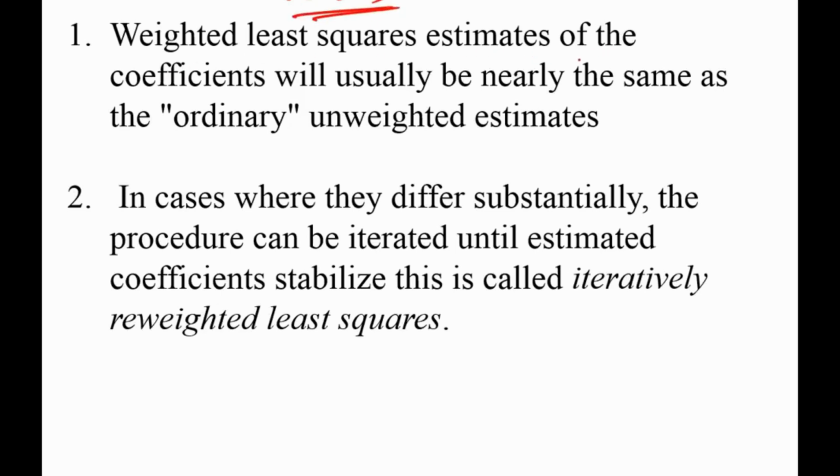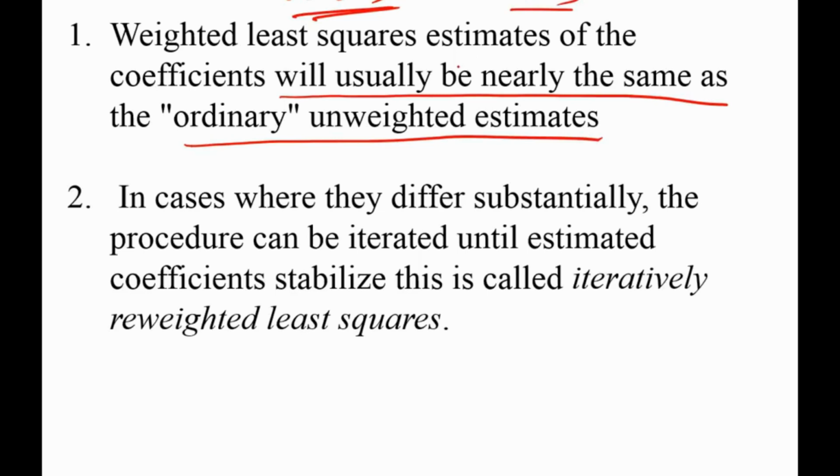The weighted least square estimates of the coefficient will usually be the same as the ordinary least square. I have already said that OLS estimates will most likely be the same as WLS. So it doesn't help much in changing the forecast, whereas it helps a lot while explaining the marginal impact.